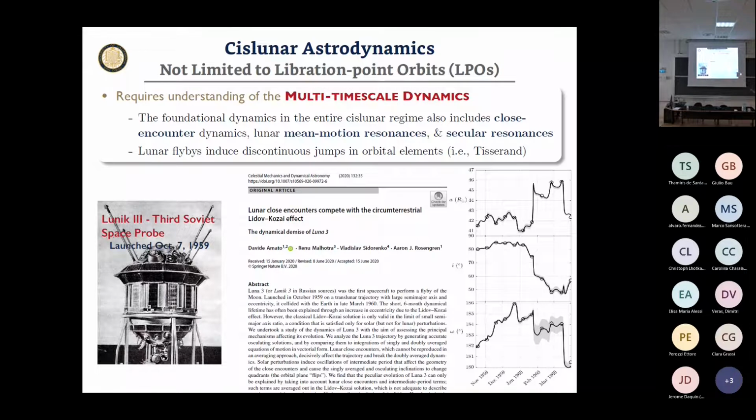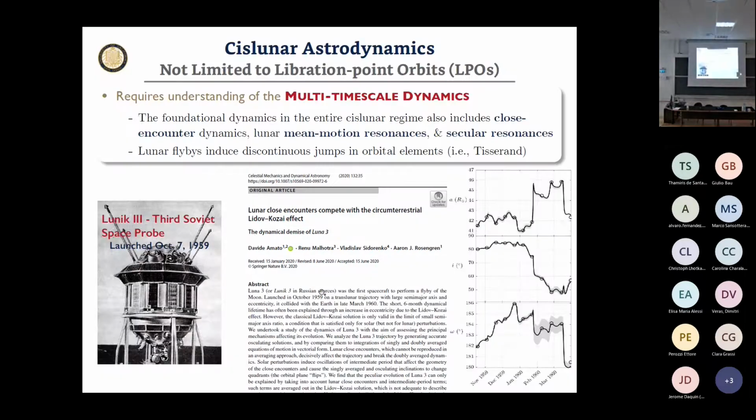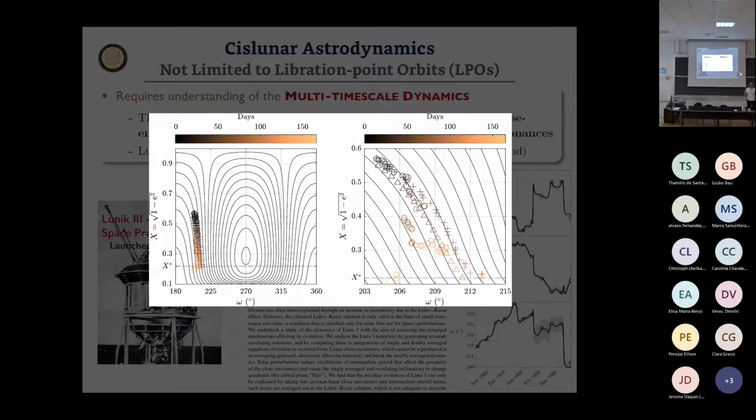It didn't crash into the moon, it actually re-entered the Earth because of the effects driven by what is now known as Lidov-Kozai, or Lidov-Kozai-von Zeipel, however many names we're going to associate with these effects, along with a nonlinear secondary resonance that also competes with the close encounter dynamics. And this is just, at a more fundamental level, relevant now that these same flybies have been used to establish both the IBEX and the TESS operational orbits.